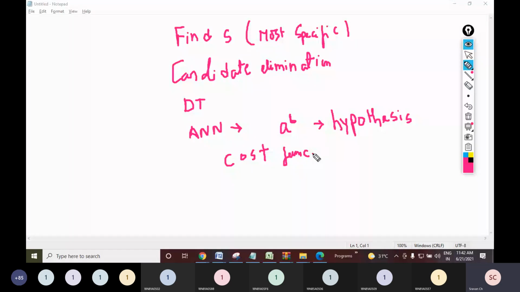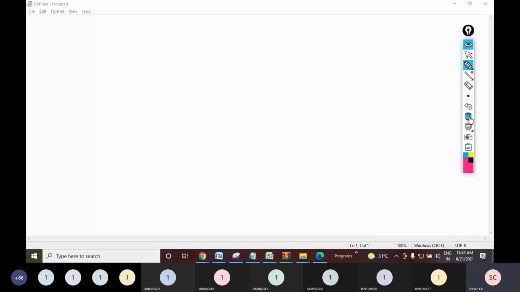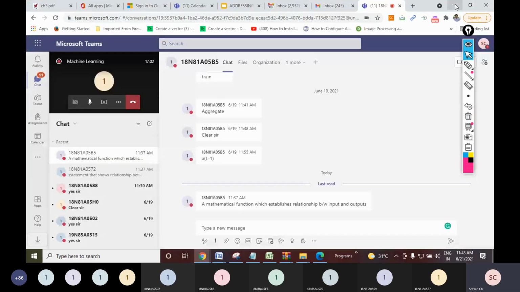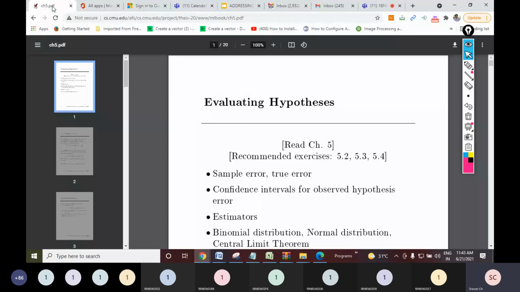Whatever the type of problem, at the end of the day, when we apply machine learning, we try to learn and construct a hypothesis which will solve our problem. Now coming back to our topic, I hope we have successfully recollected what a hypothesis is. Now we will try to understand what we mean by evaluating hypothesis.